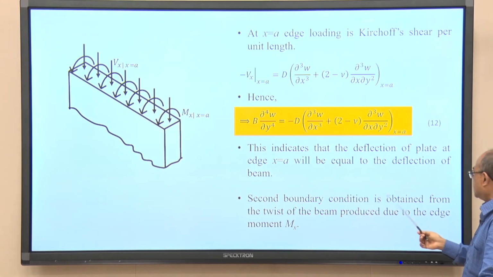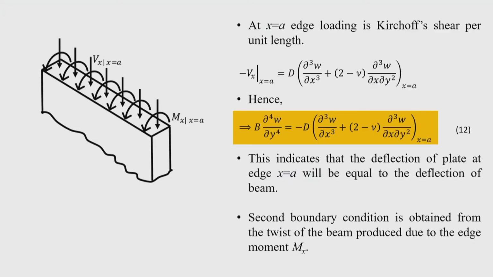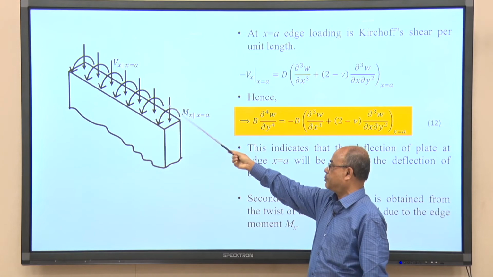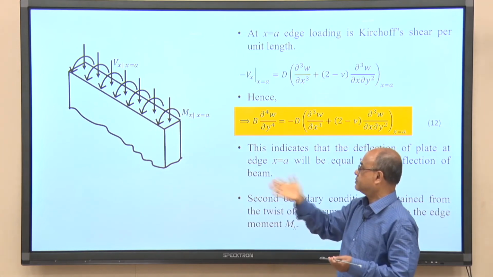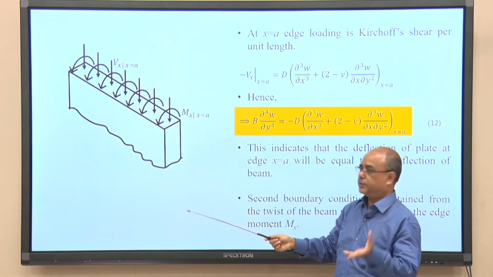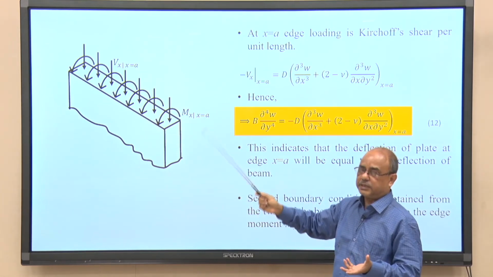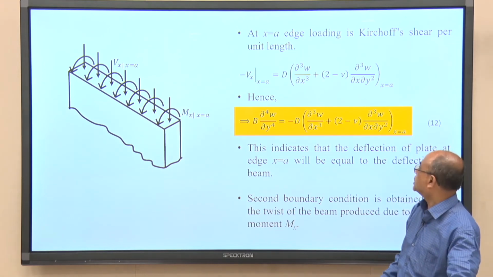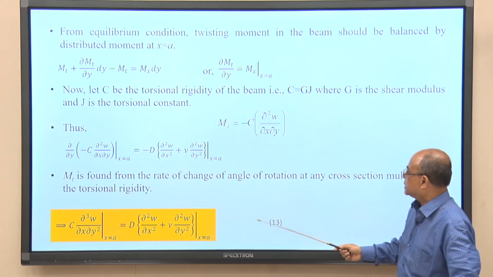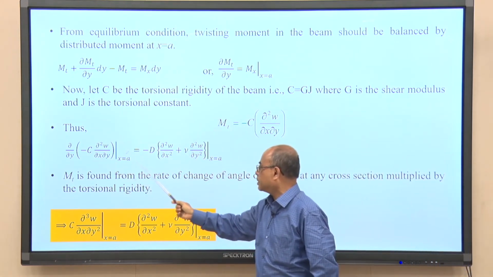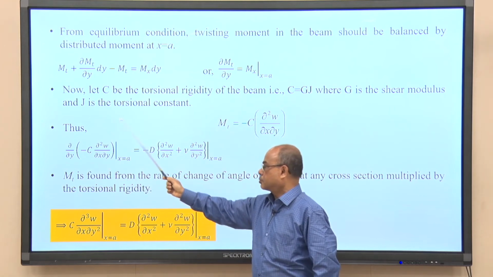Then the second boundary condition is obtained from the twist of the beam produced due to the edge moment m x. At the edge x there will be the bending moment m x along the x direction, and the resisting moment is offered by the beam due to its torsional rigidity. So, this moment has to be found. The bending moment expression we already know, and we have equated this to the torsional moment or torque of the beam.